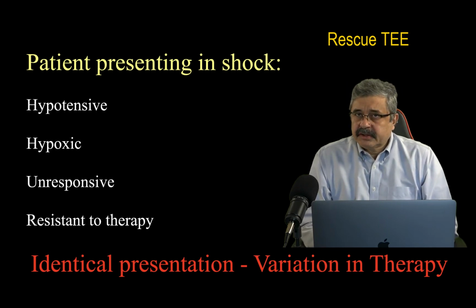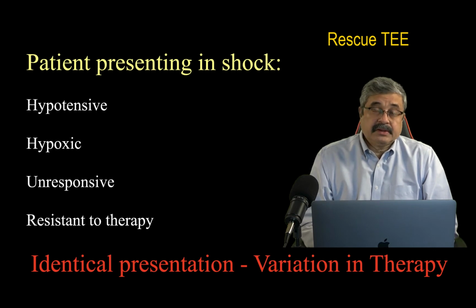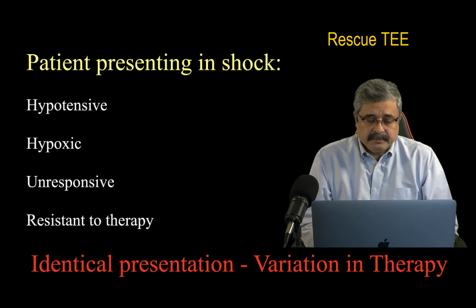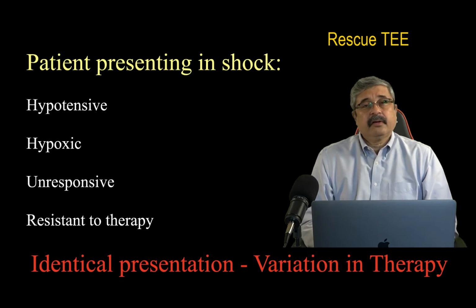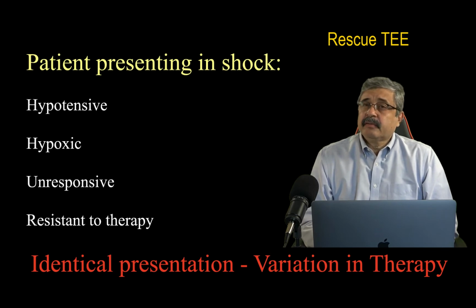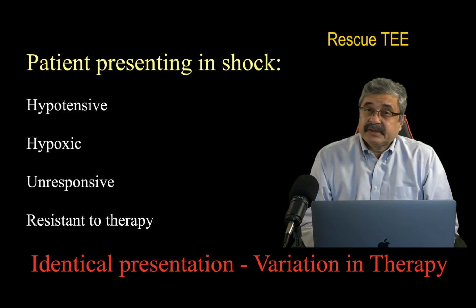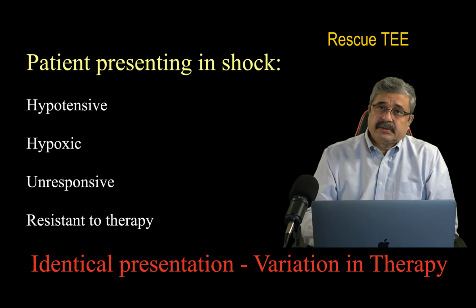When the patient presents with hypotension and hypoxia, is unresponsive and resistant to therapy. Now, this is an identical presentation for variations of clinical situations. Not that we cannot figure them out, but we need a very rapid and precise diagnosis to guide procedure-specific therapy.